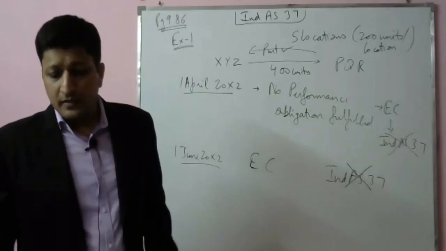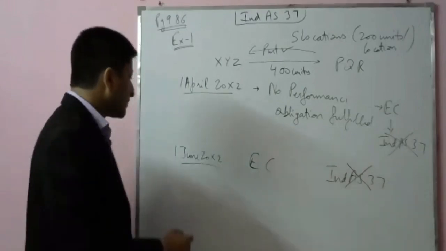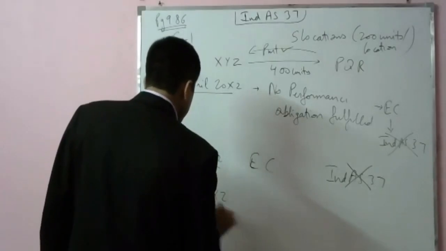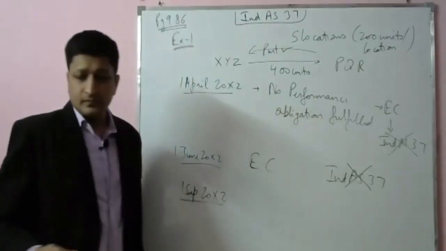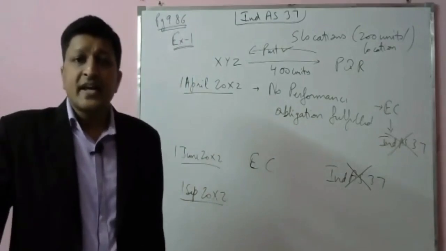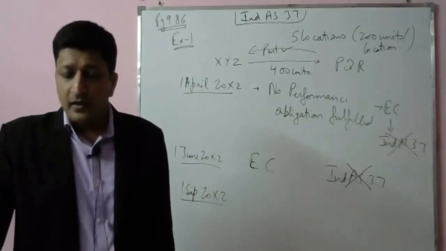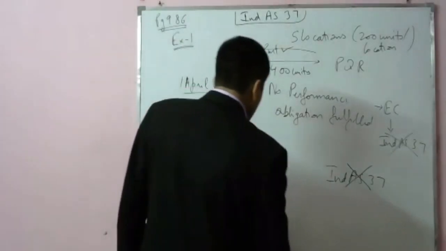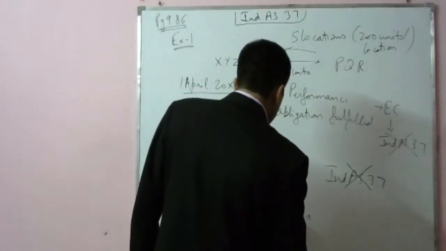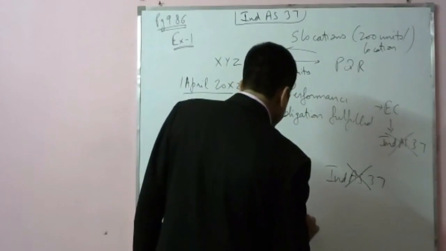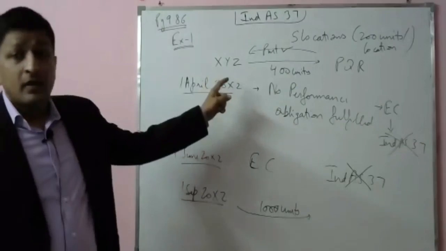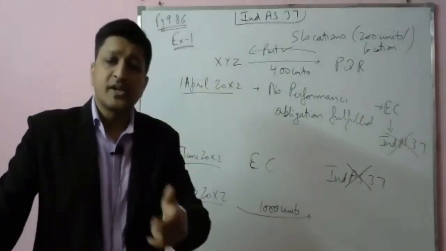Now moving further on to 1st September 2002. XYZ has produced and delivered the full 1000 units. Now 1000 units have gone out. So XYZ has fulfilled its obligations 100%.